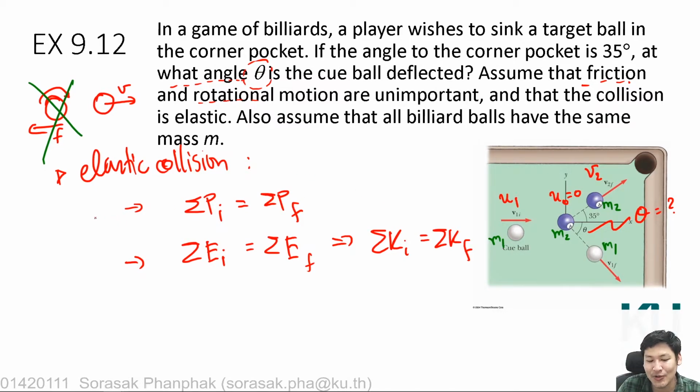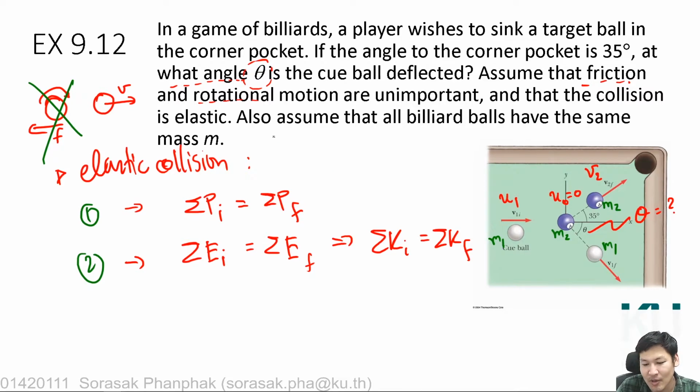With these two relations, the first one and the second one, you can determine the angle. I will break down all the components here, and later I will show the step-by-step calculation.